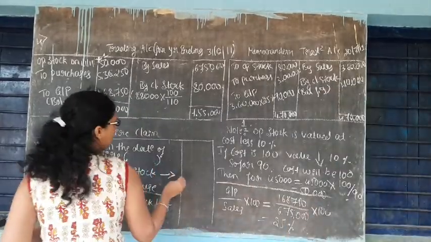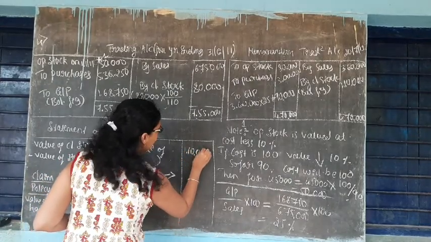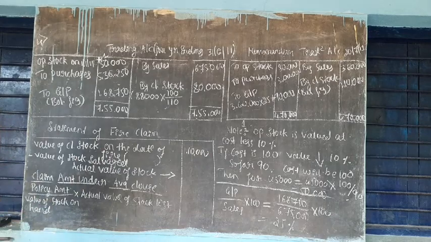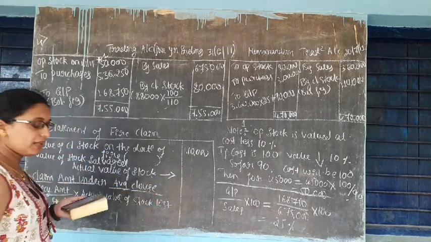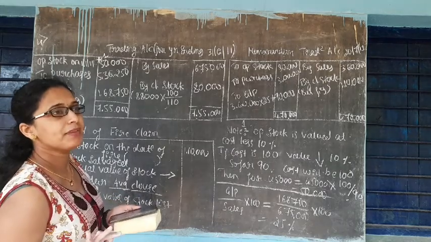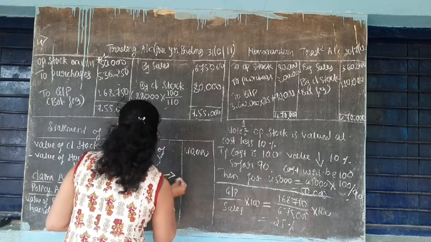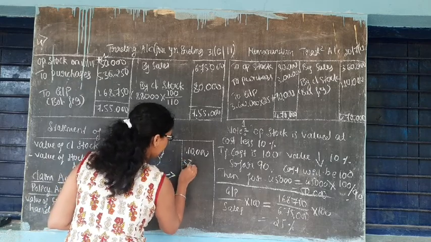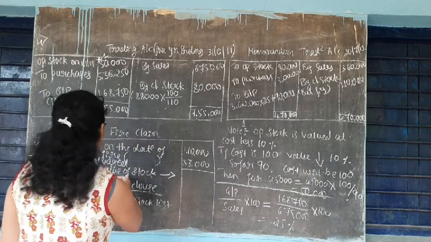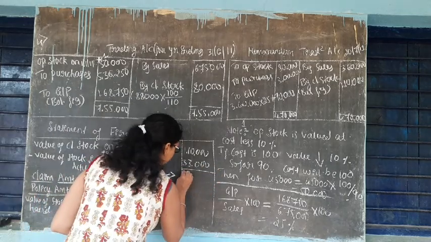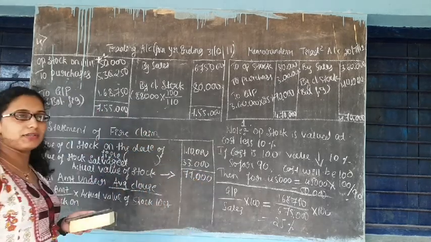So, same amount you should write it here, 1,10,000 rupees in the statement showing amount of fire claim, 1,10,000, and at that time salvaged stock is 33,000. 33,000 rupees goods has been sold. So, actual value of the stock at the time of fire is 77,000 rupees.